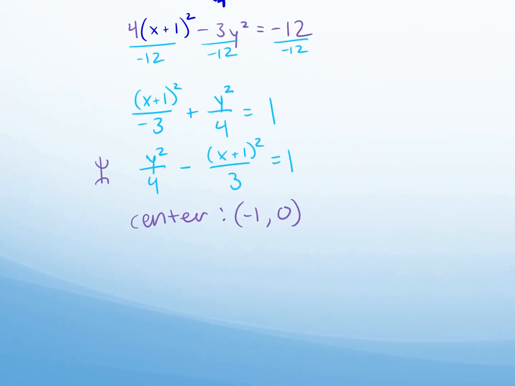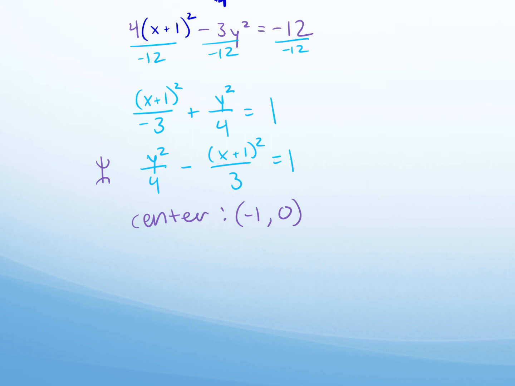Awesome. Let's find A, B, and C. How do we find A? A squared is always first.